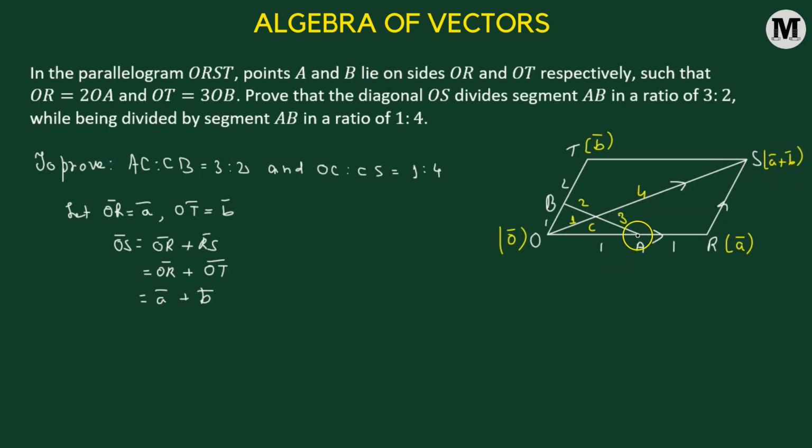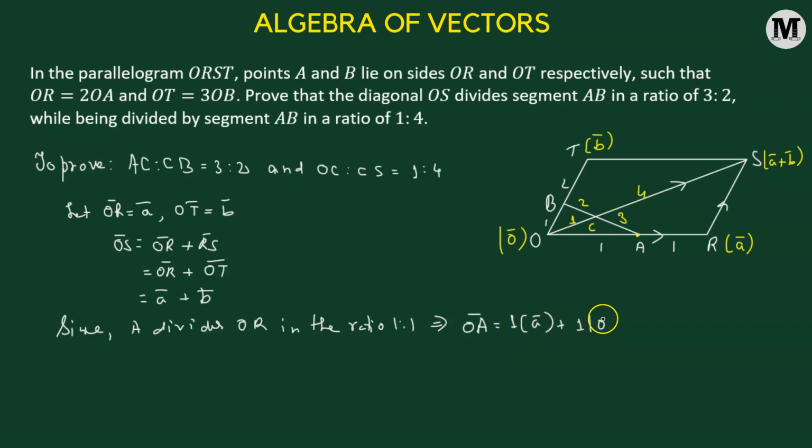Fine. Now what we'll do? We'll find the position vector of point A, because A is dividing OR in the ratio 1:1. Since A divides OR in the ratio 1:1, this implies that OA vector equals 1 times a vector added to 1 times the null vector, divided by 1 plus 1, which is simply a vector over 2.